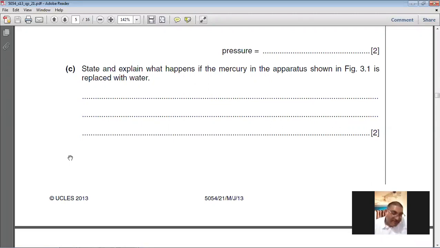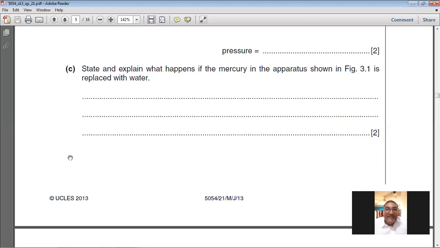The density of the mercury is 13,600 kg per meter cube. But the density of the water is 1,000 kg per meter cube.